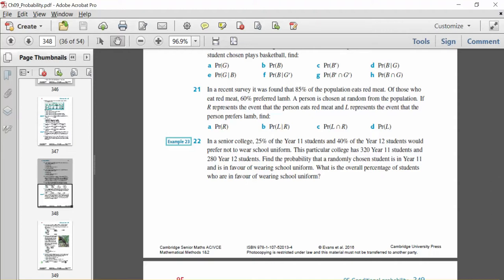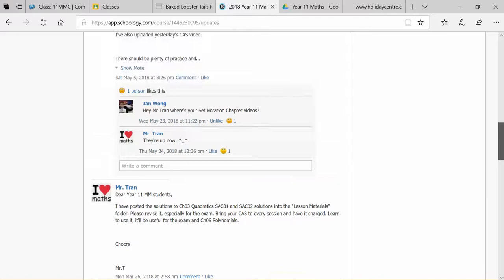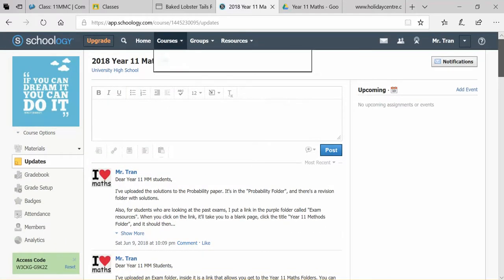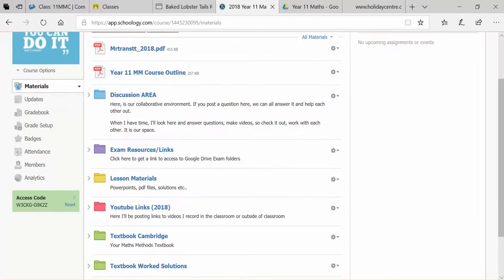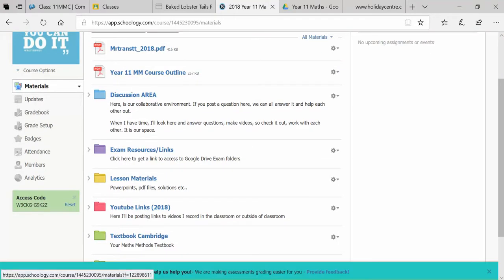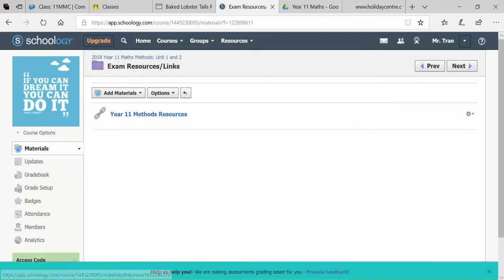And speaking of exams and the resources, I'm just going to show you in the Year 11 folder. I told you in the latest update that there's a folder with a link to the resources. This is the Google Drive resources, by the way. When you click on the link, exam resources or links, in that folder, I've given you a link to the Google Drive where all students should be able to access and get exam papers.